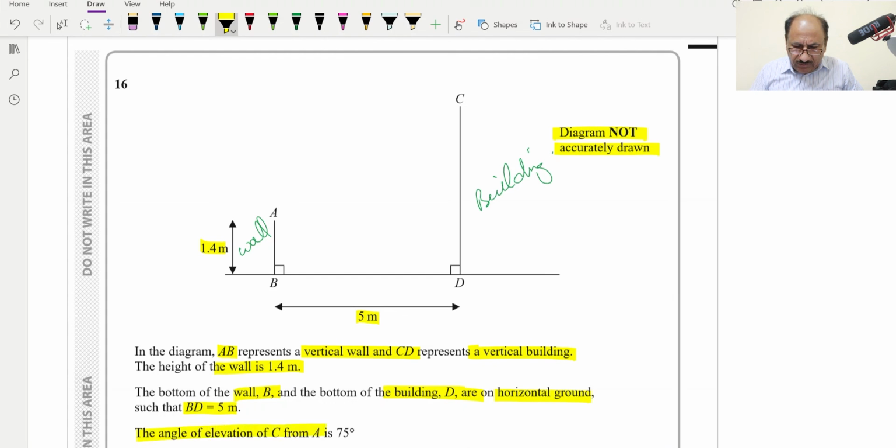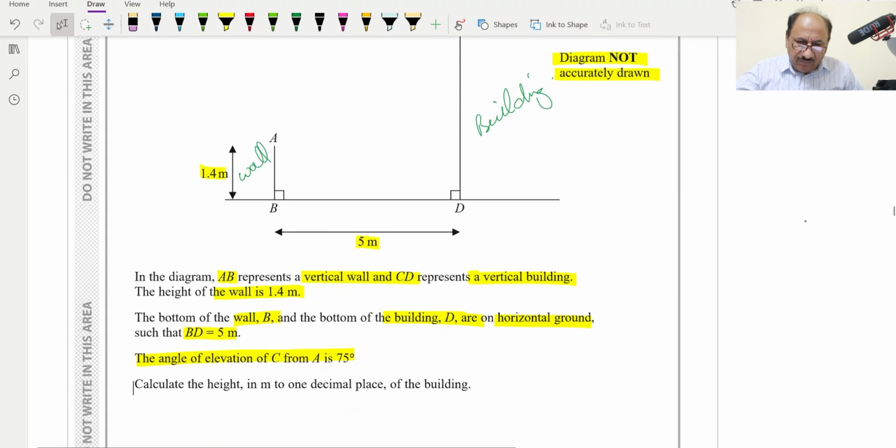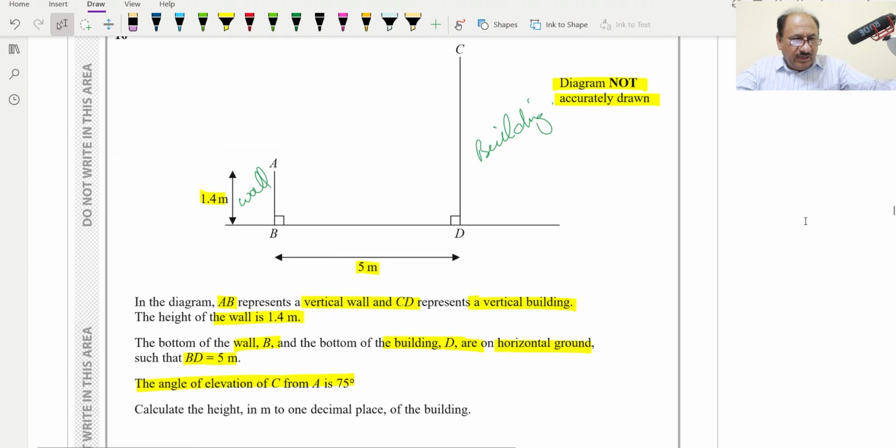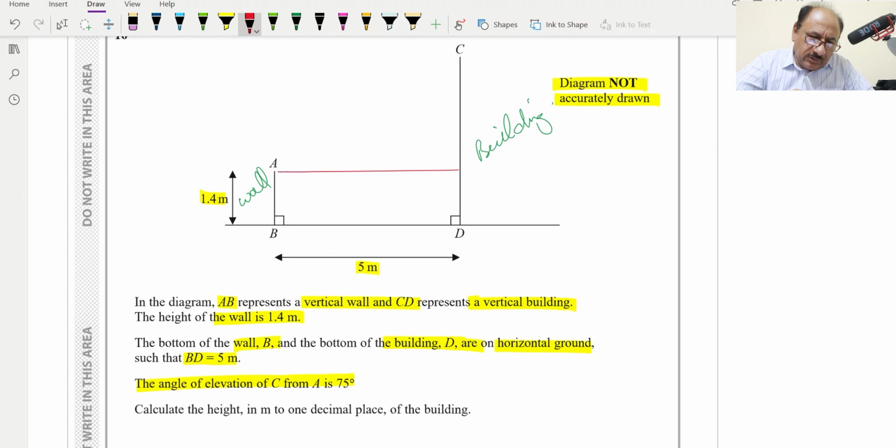The angle of elevation of C from A is 75. Now angle of elevation, what we can do, we can draw angle of elevation like this one. So we will draw a straight line over here, and angle of elevation we will be joining C with this one, and I'll have to redraw carefully basically.